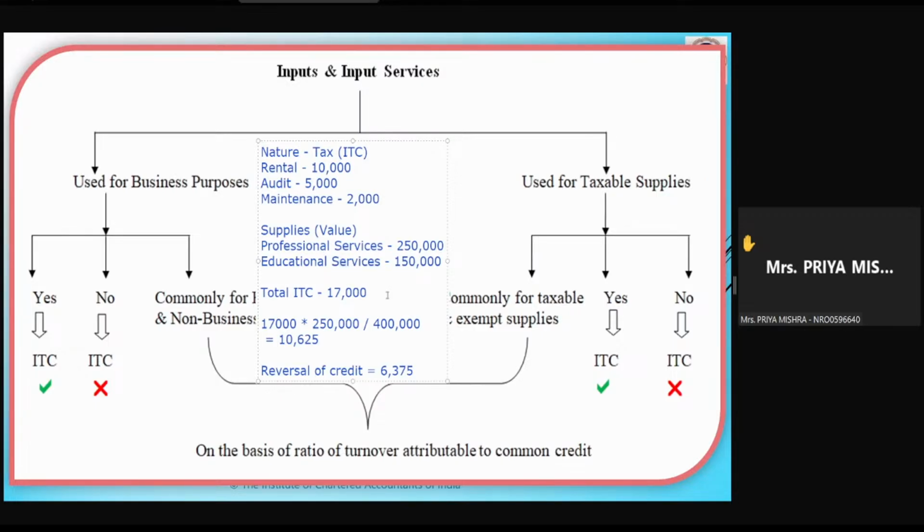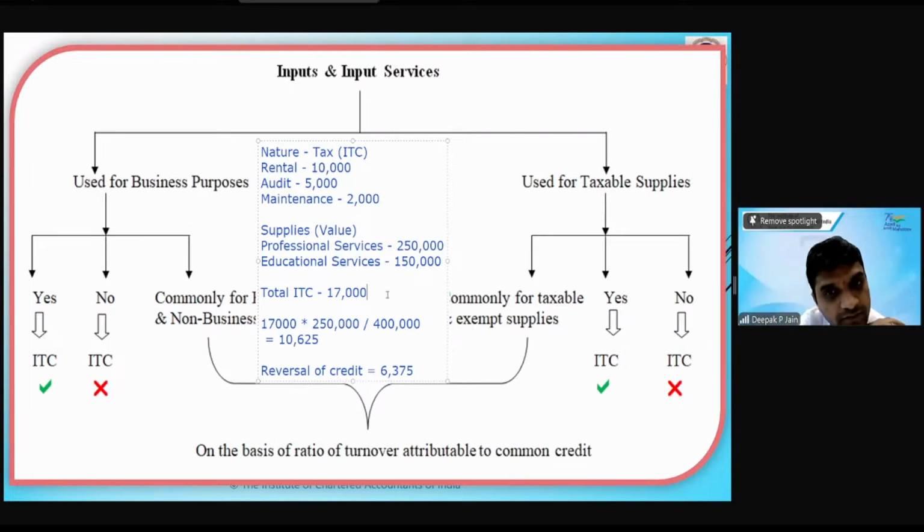So, the reversal of credit, like for 6,375, can we use it for some other output supply on which we have to pay GST? You cannot. Once you have any credit which is to be reversed, the intention of reversing itself is that you should not utilize it, neither this month nor in a subsequent month nor for something else.